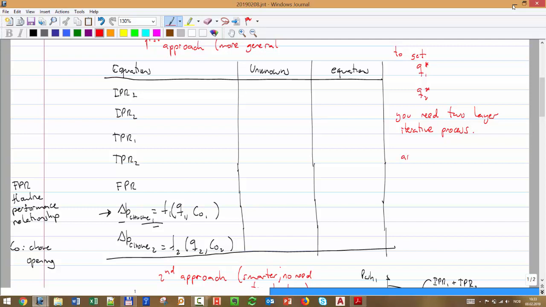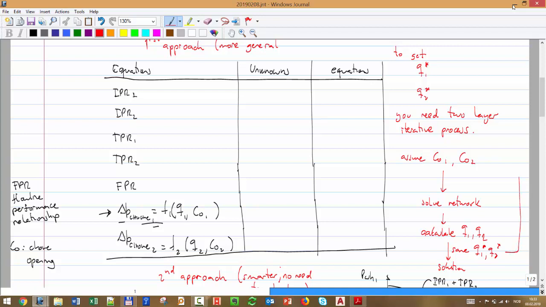So let's say assume CO1 and assume CO2, then solve the network, and then you calculate Q1 and Q2, okay, and then you verify if it is the same as Q1 star and Q2 star, then that is the solution.